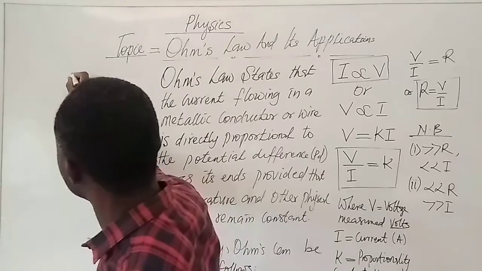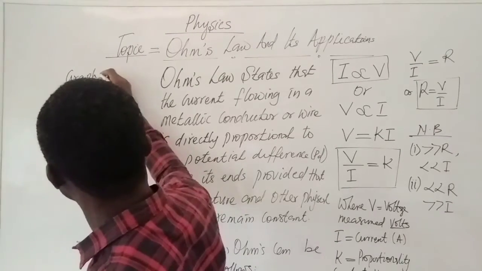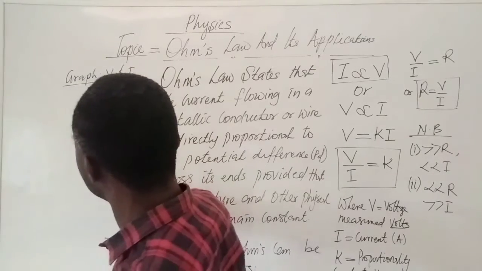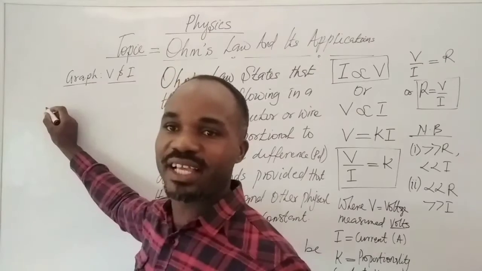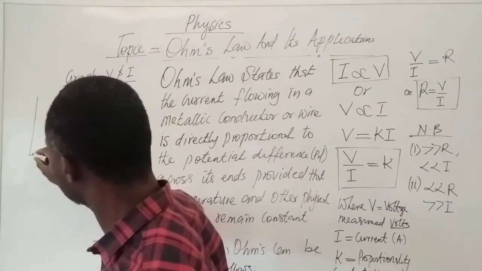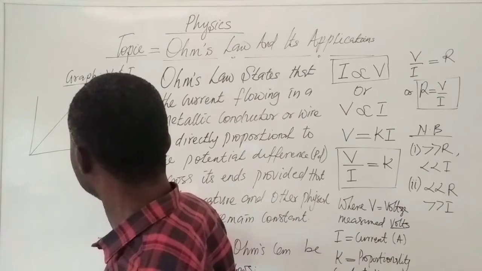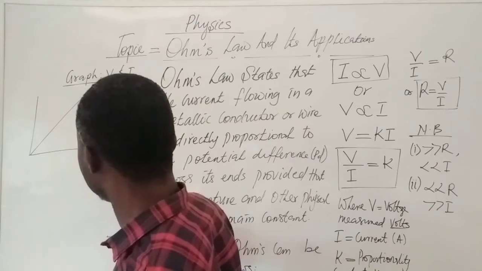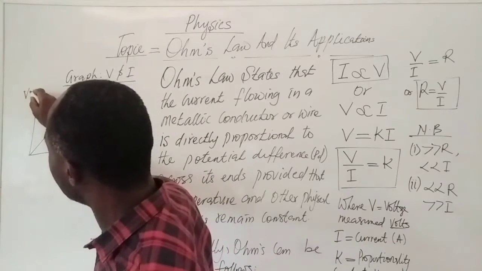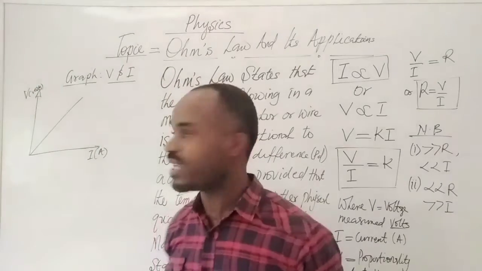So if we take the graph of V against I, we have a straight line graph. This is I measured in amperes, and here we have V in volts.